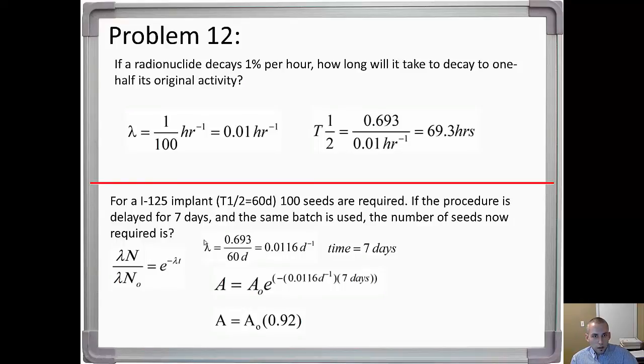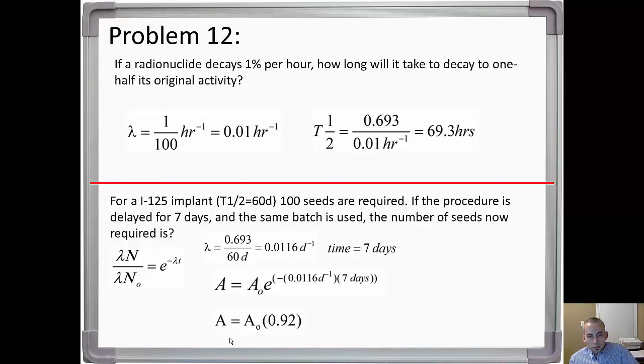What's interesting with this problem is that it doesn't give us an activity, it gives us that 100 seeds are required. So how I would solve this question is, I know that this is equal to 0.92. I would take activity divided by the initial activity.